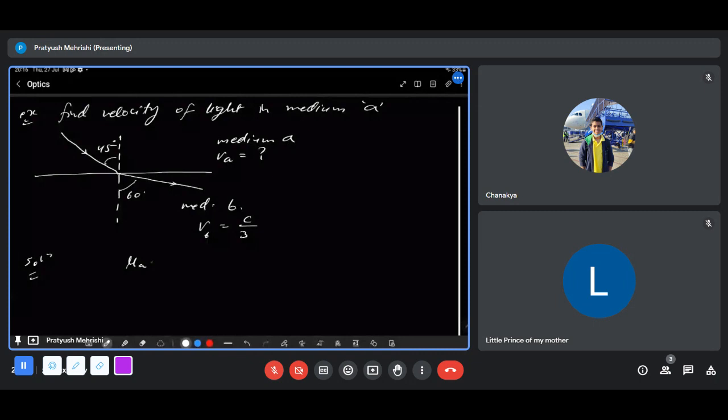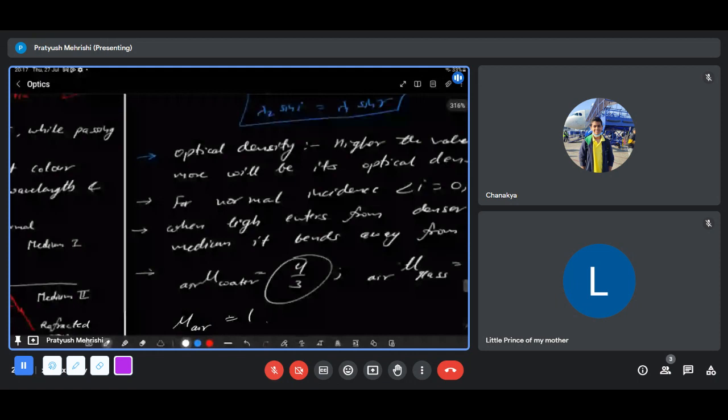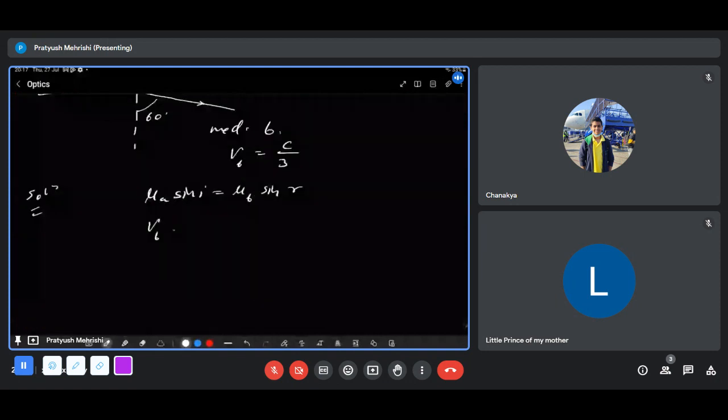So mu1 sine I equals mu2 sine R. We can also write it in terms of velocity: VB sine I equal to VA sine R. So c by 3 sine I.